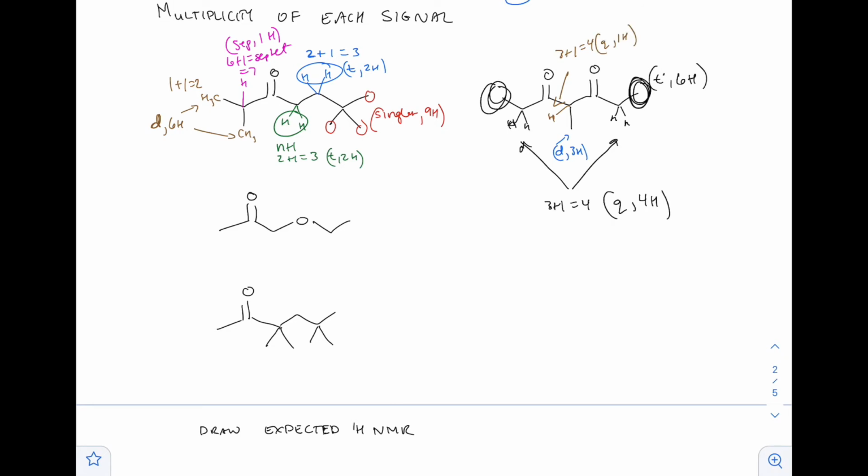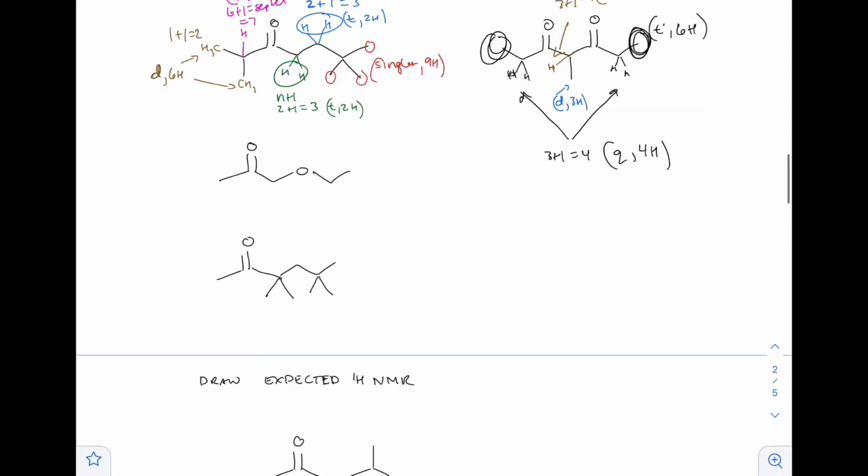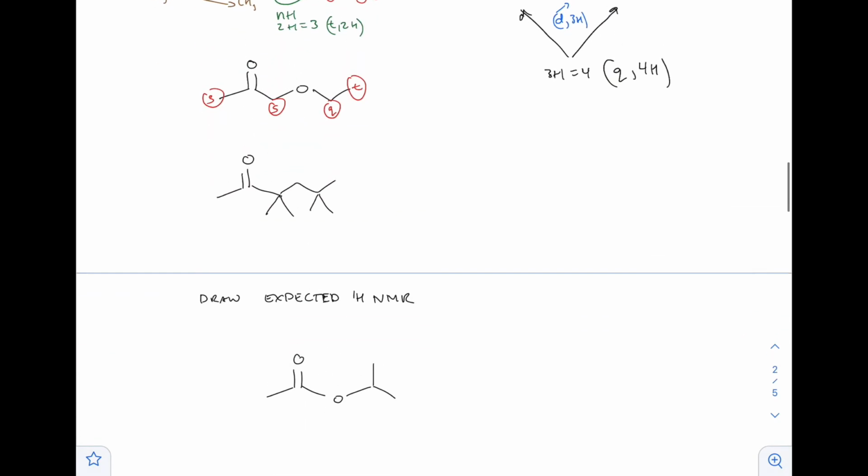That wasn't as fast as I had hoped. So there's 3, there's 2, there's 2, and there's 3. So this is going to be a triplet, this is going to be a quartet, this is going to be a singlet, and this is going to be a singlet. If you've got questions, let me know.